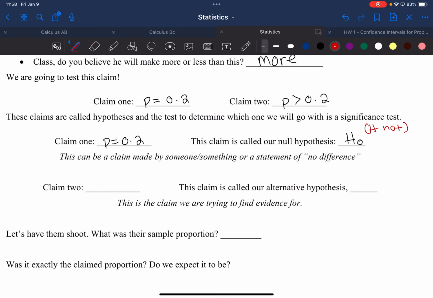This can be a claim made by someone or something or a statement of no difference. Claim 2 is what you guys claimed as a class, and that is P is greater than 0.2. This claim is called the alternative hypothesis, which we shorthand as HA.